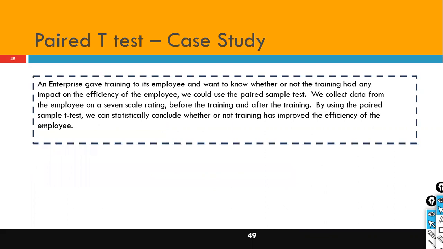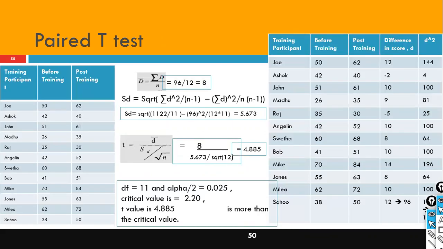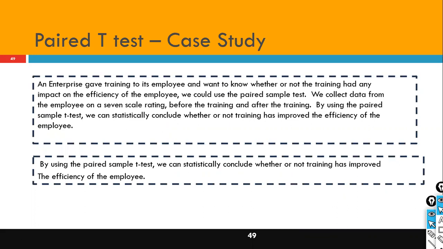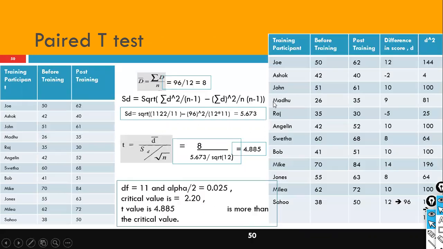So, the paired t-test case study. Let's take a look at this one. It's online training and offline training. I don't want to read the story and bore you. Basically, we want to check before and after training what the score of each employee is.